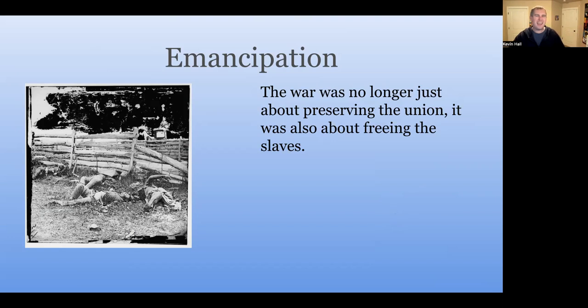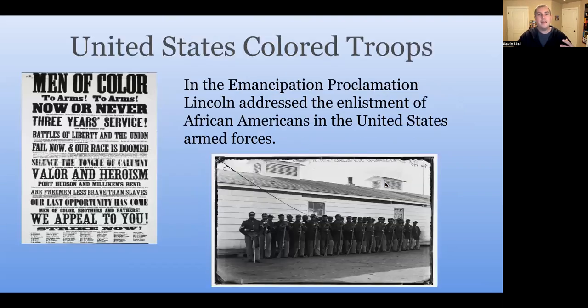Because before they were like, why are we bringing the South back? We don't even like them. They want slavery. Let them do their own thing. Ugh, they're so annoying. But now they're like, wait, seriously, we could end slavery? Okay, then let's fight and let's win, right? So with all these newly freed people, the United States Army allows colored people to join the army.